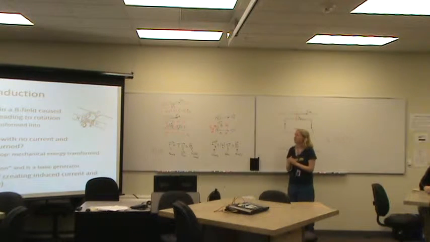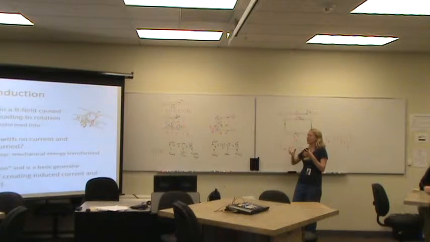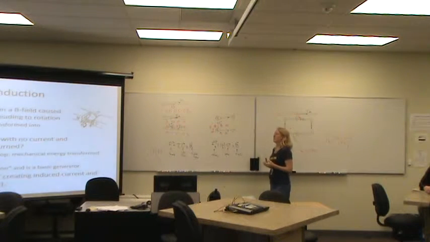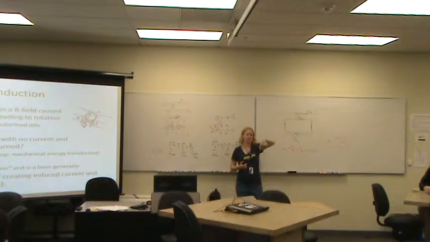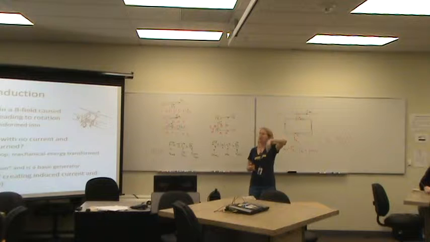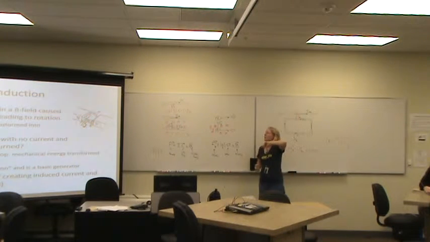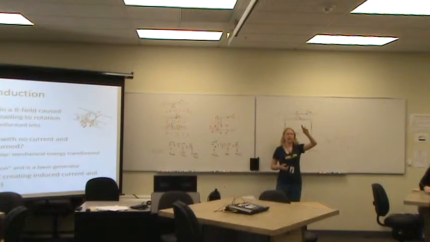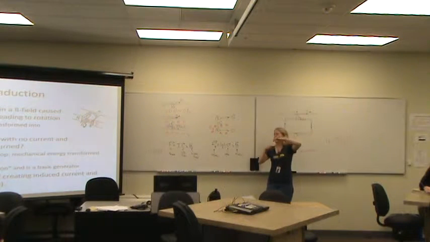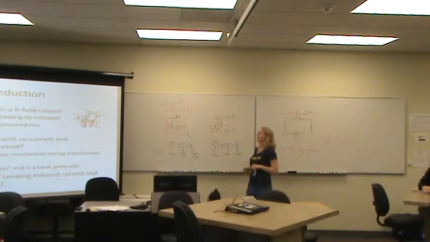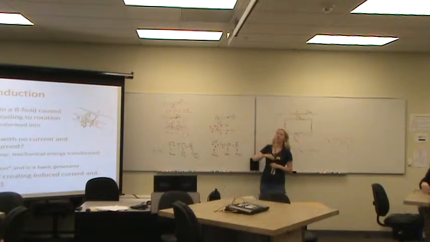So if we have a loop that's rotated with no current being driven through it, for example the turbines on a wind turbine, they spin because the wind spins them, so it's mechanical energy causing rotation. But if you put a loop of wire spinning in a magnetic field, that's going to induce current in the loop.